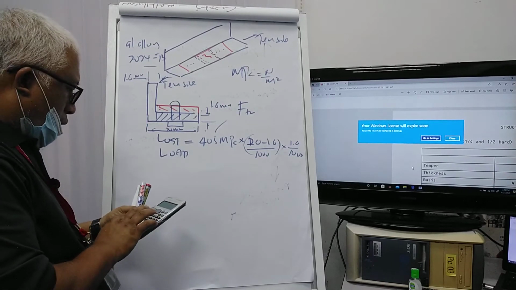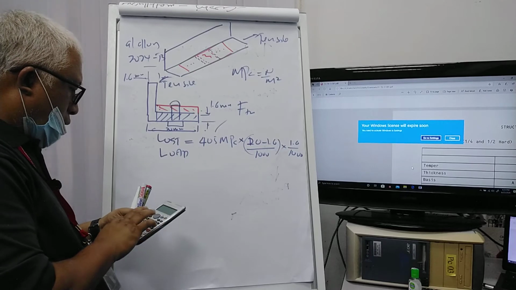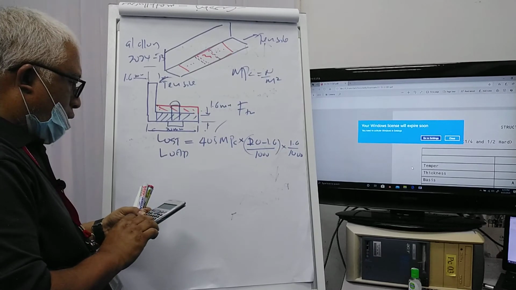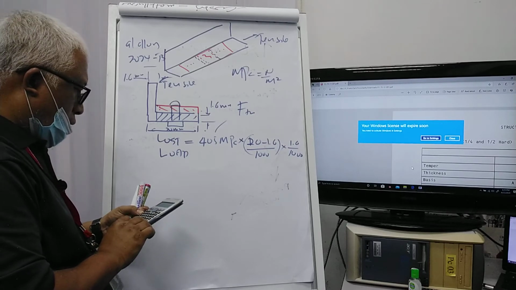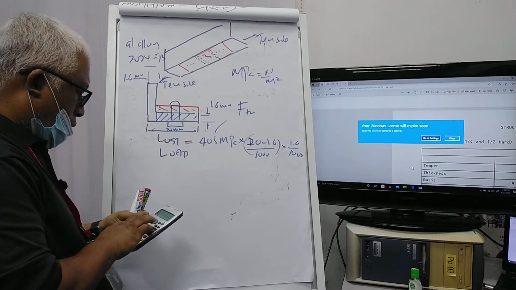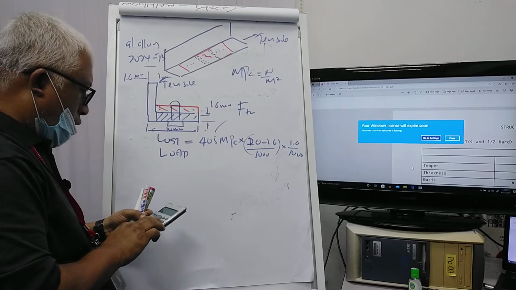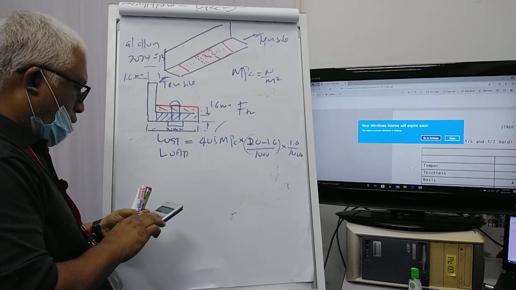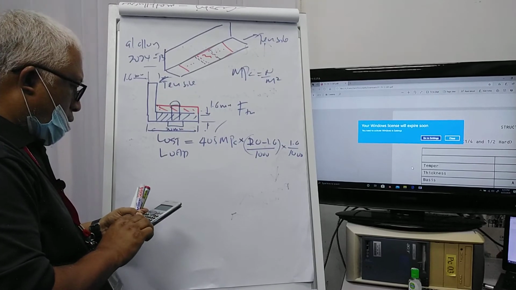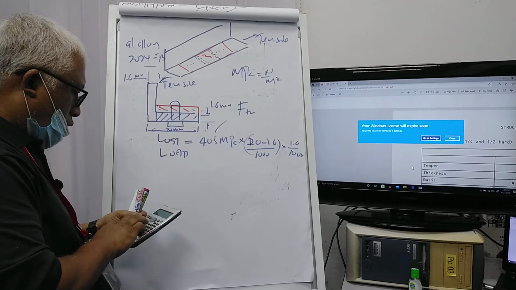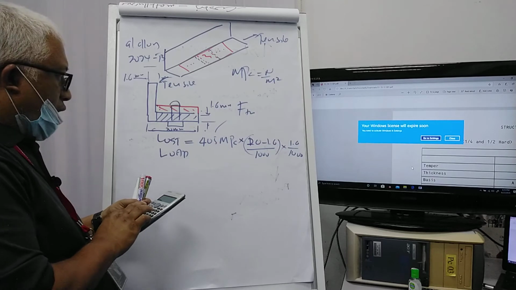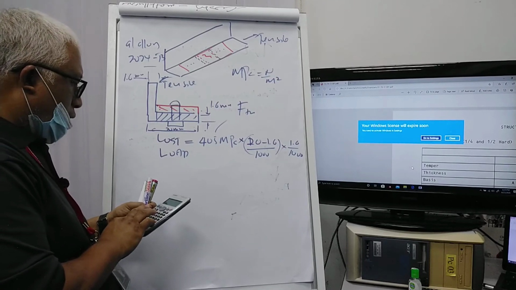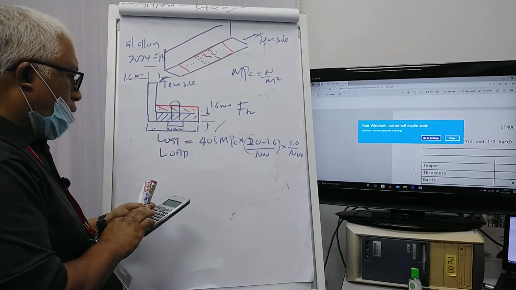So that's 20 minus 1.6 divided by 1000 times 1.6 divided by 1000 times 405 million Newton per meter square.